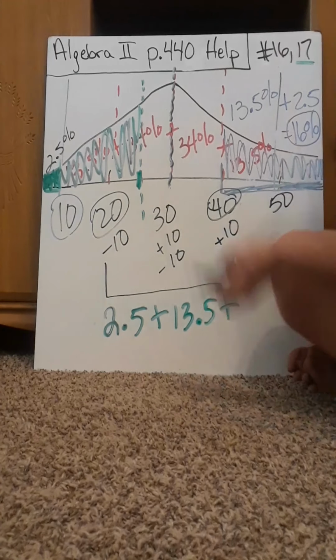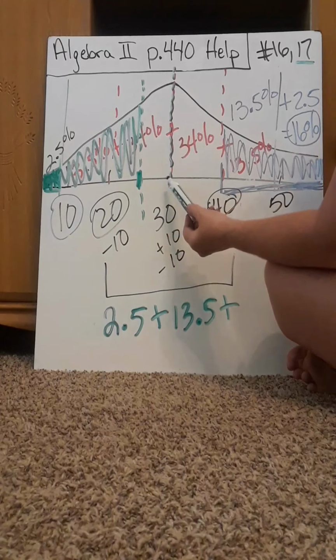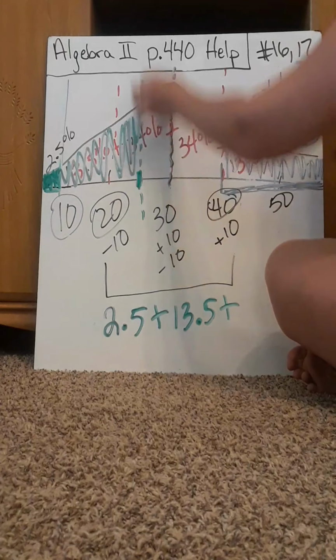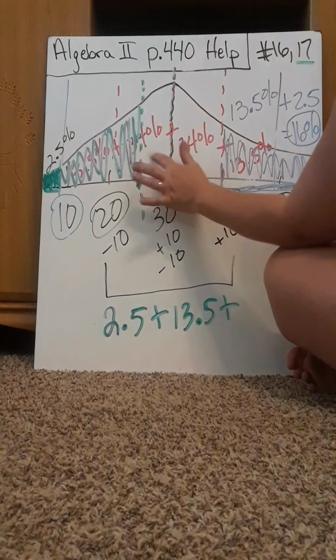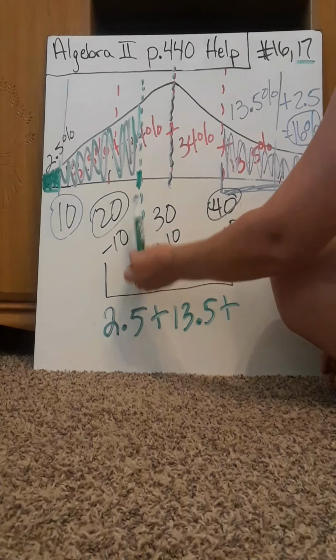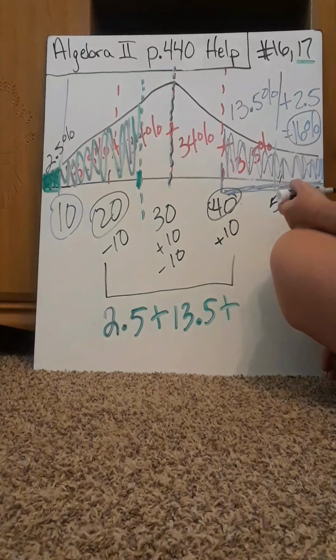Then, if you're right in between 20 and 30, you're going to have a little bit bigger number here than here. See how this part of the graph is more than this? Even though 25 is exactly in between the 20 and the 30, you can't just cut the 34 in half. But you could estimate it that way.